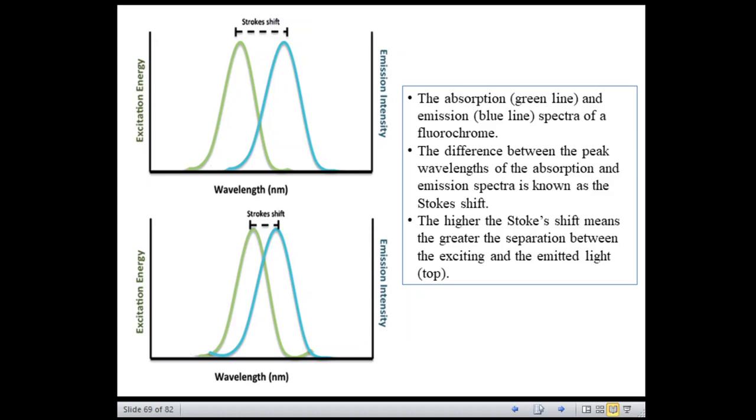However, it gives maximum absorbance near 490 nanometers, at which more photons are absorbed. So what is the outcome? The fluorescence emission will be more intense. These optimal conditions are termed maximal absorbance and maximal emission wavelength.